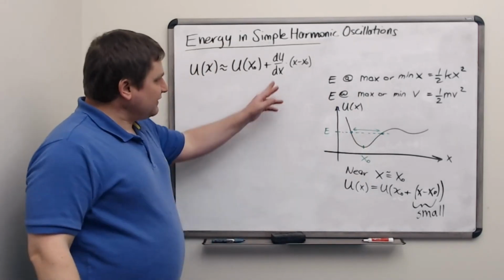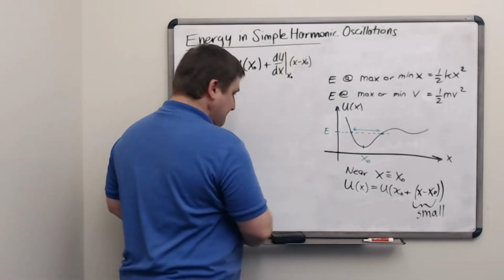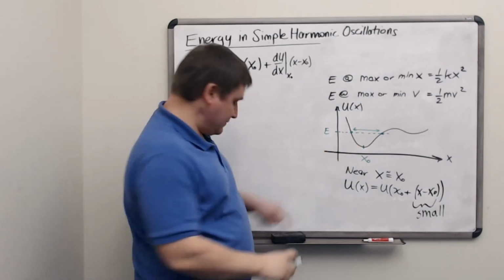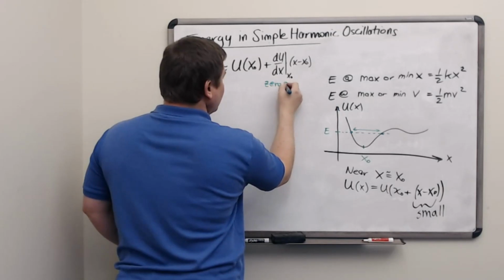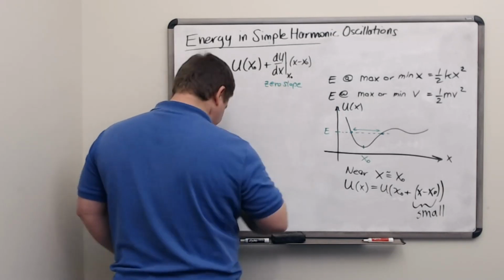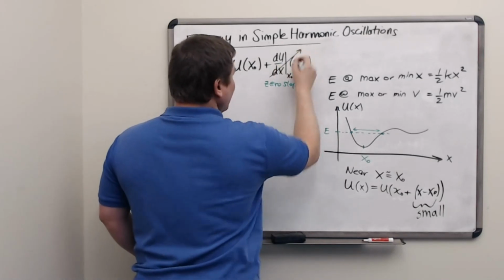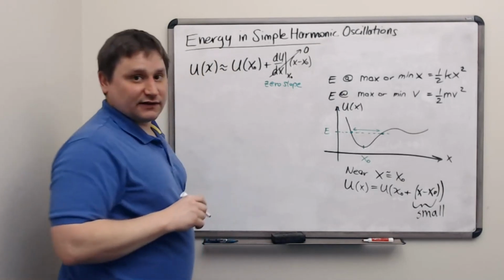But if x0 is a minimum, at a minimum, by definition, we have zero slope. So this term, if we expand about a point of stable equilibrium, is always zero.